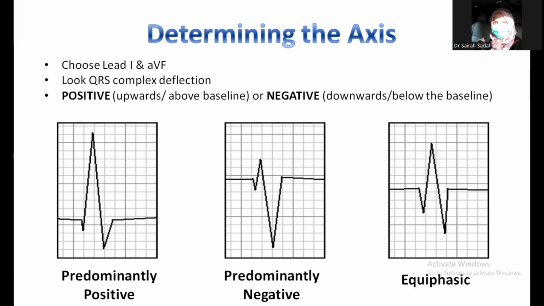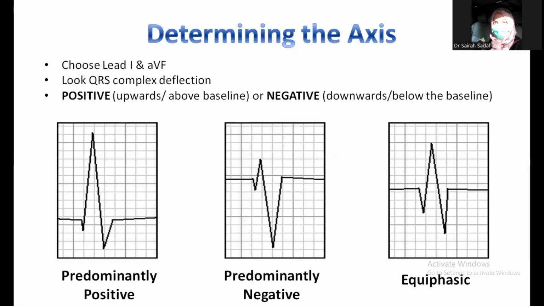Now let me clarify this upward and downward deflection. Sometimes we have both waves in the ECG, like R wave and S wave. But we have to look for which of those waves is predominantly deflected, which one is taller or deeper.